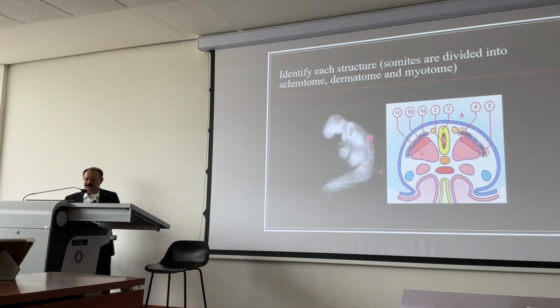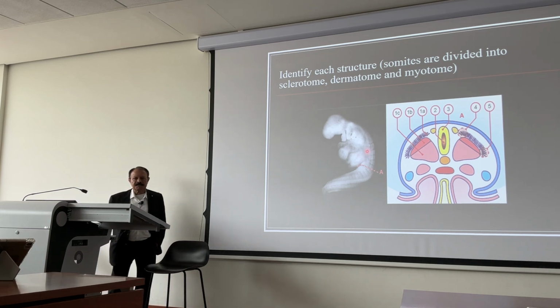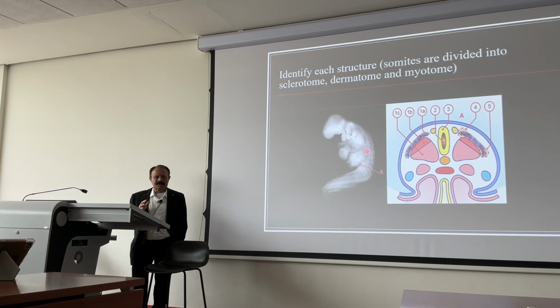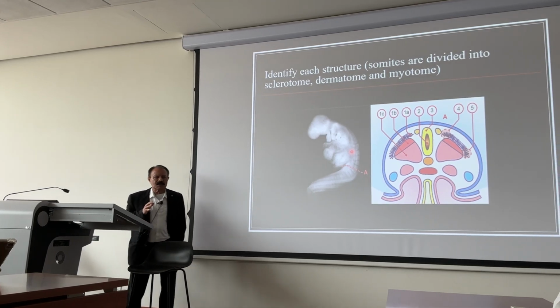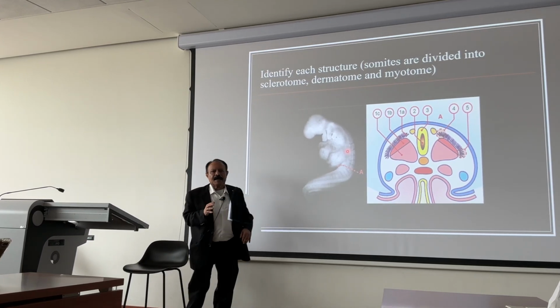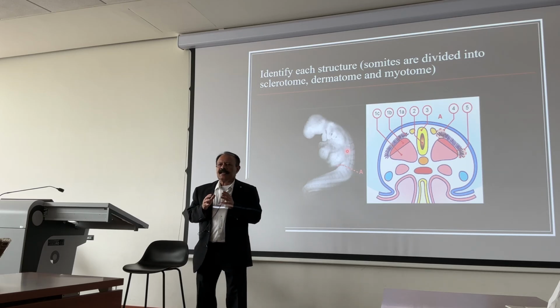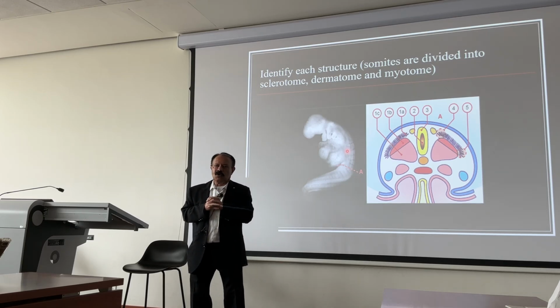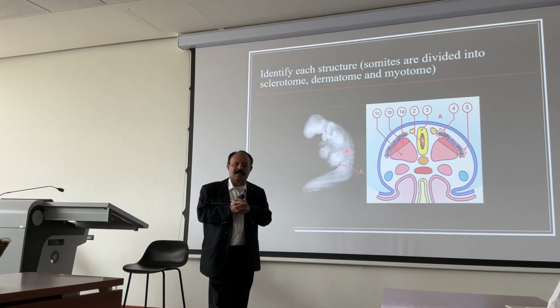Now, I put this photograph to indicate that the bud is coming in two places, the cervical area and the lumbar area, around the 4th week, between 4 to 5 weeks, around the end of the 4th week. Now, I tell you the story. Remember, limb development starts at the 4th week. Now, you have to understand what we mean by 4th week.